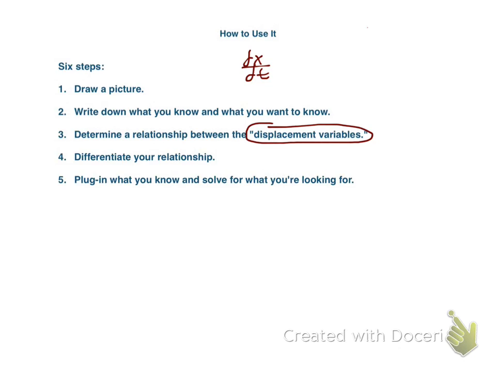But because we don't know a relationship between rates, like dx/dt, dy/dt, and dz/dt, instead we're going to have to find a relationship between the displacement variables, like x, y, and z.